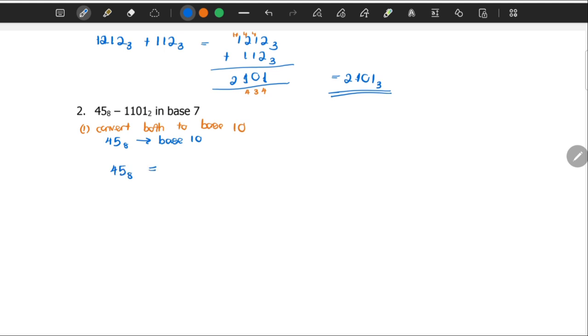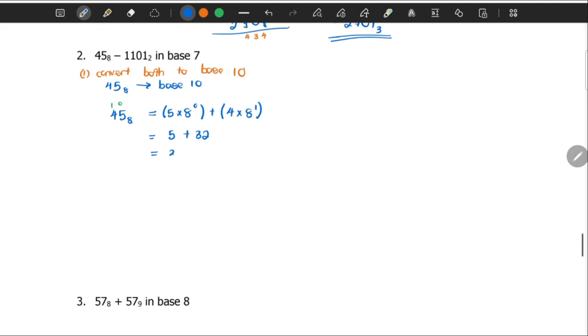Expanding this, it's going to be 5 times 8 to the power 0 plus 4 times 8 to the power 1, which is equal to 5 plus 32. And that's 37.